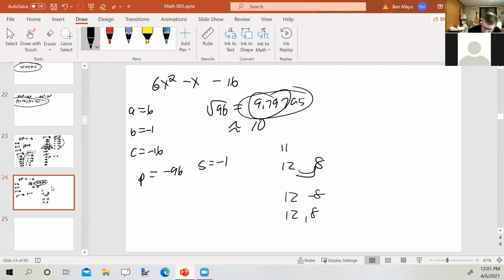How about 9? 9 doesn't go in. 8 goes in, but again, we're arriving at the same idea. My point is this. In the middle, there aren't two integers that are 1 apart, but with opposite signs, that give me a product of -96, okay?